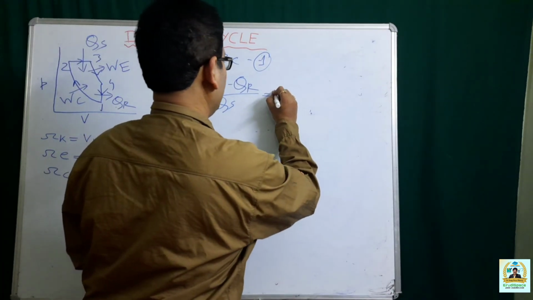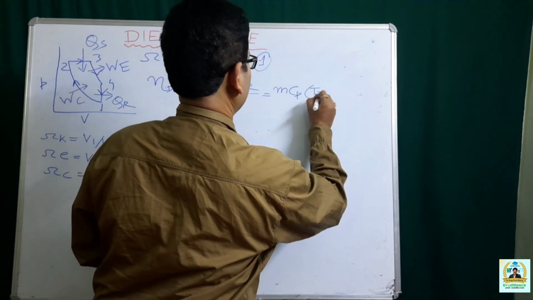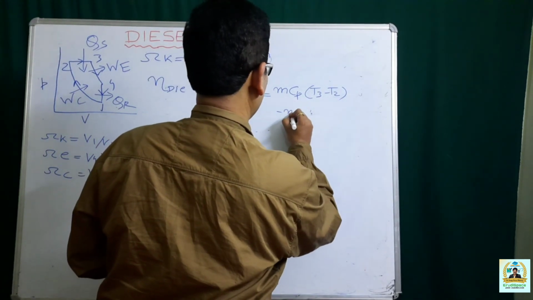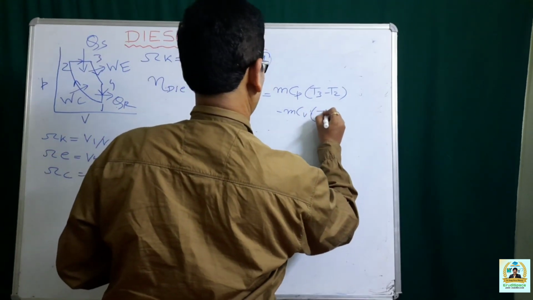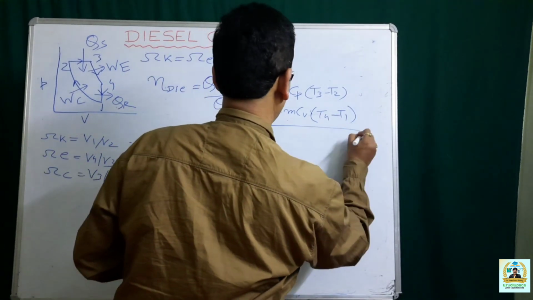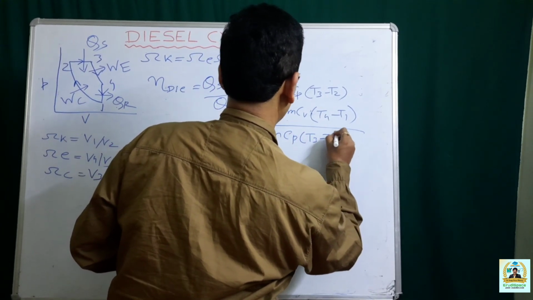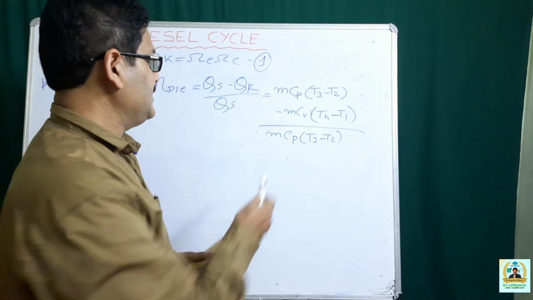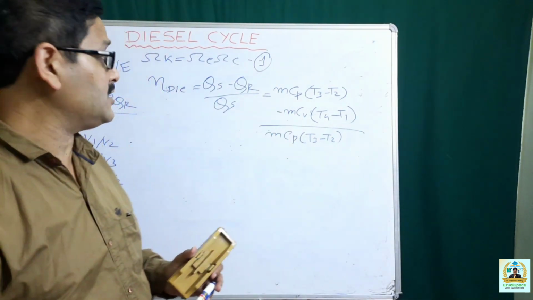This is mCp multiplied by T3 minus T2, minus mCv into T4 minus T1, divided by mCp into T3 minus T2, where m represents the mass of the working substance, Cp is the specific heat at constant pressure, and Cv is the specific heat at constant volume.